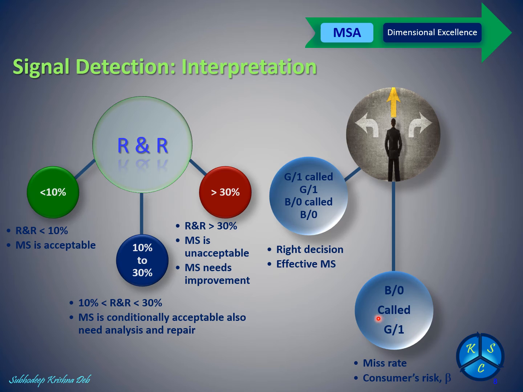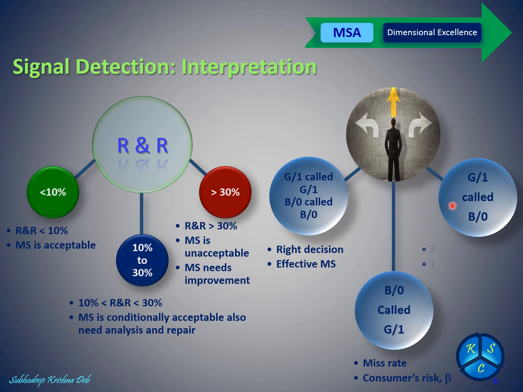Why consumer's risk? Because if a bad part is called good, a rejected part is getting passed on to the customer, and it is at the risk of the customer who is using that rejected part. So it is called the consumer's risk.